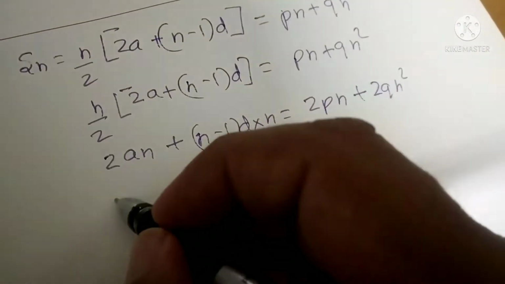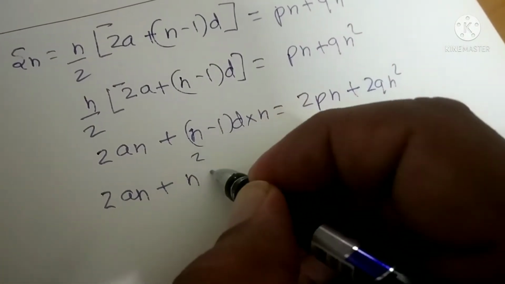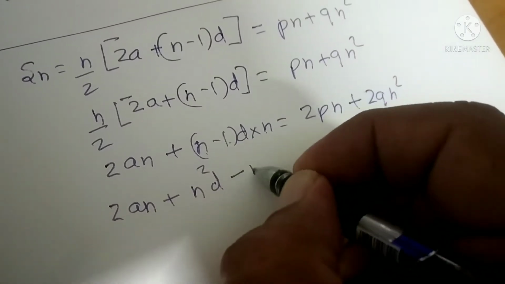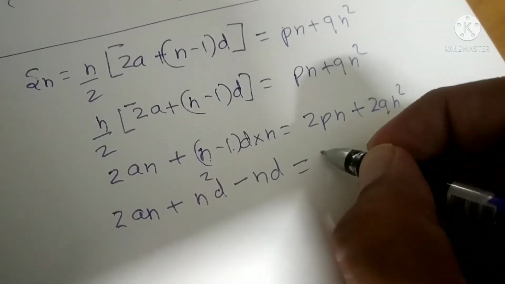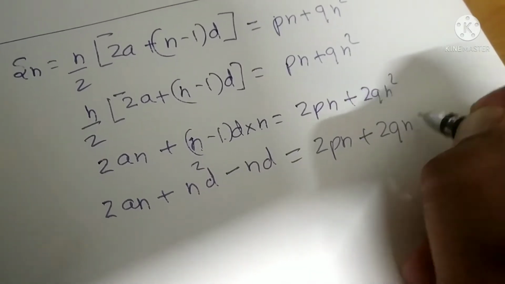So now we have 2an plus n square d minus nd, which is equal to 2pn plus 2qn square.